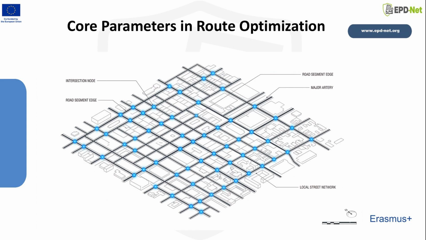These delays directly affect total travel time and must be considered in realistic routing scenarios. Finally, road characteristics, including road classification, environment, and access limitations, shape how routes are selected. Together, these parameters form the foundation of GIS-based route optimization and influence all routing outcomes.